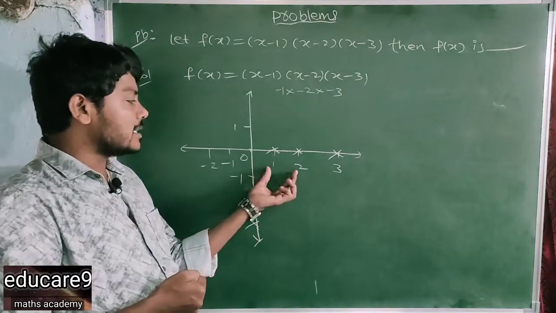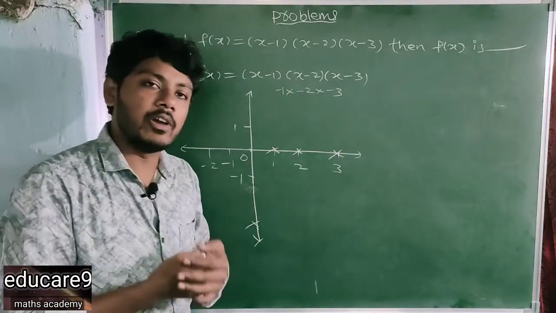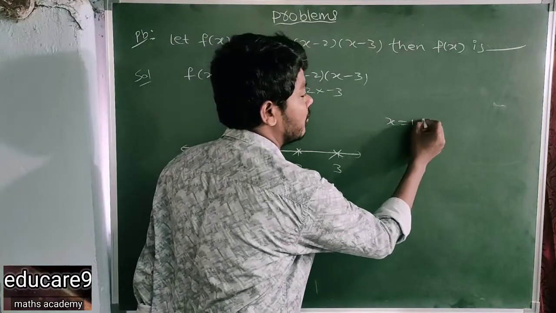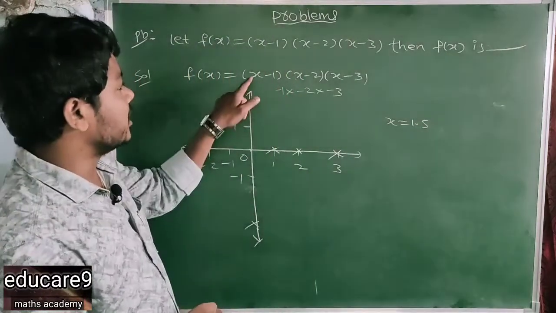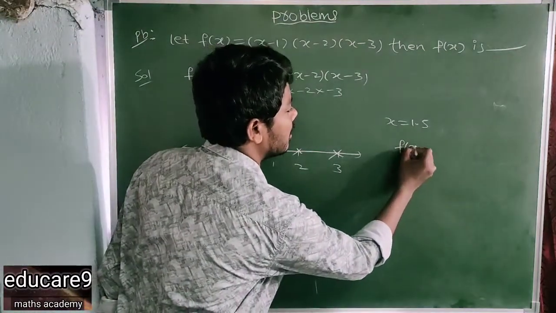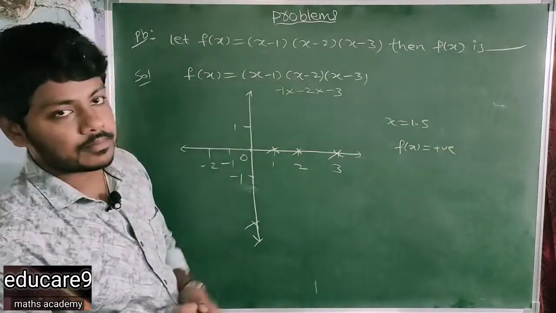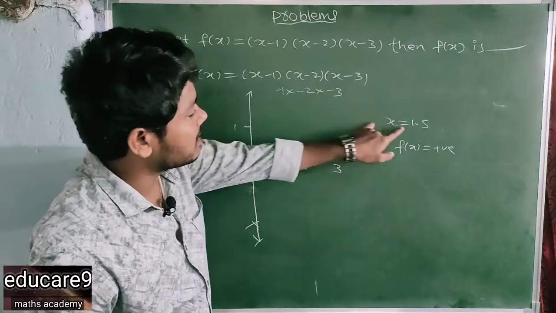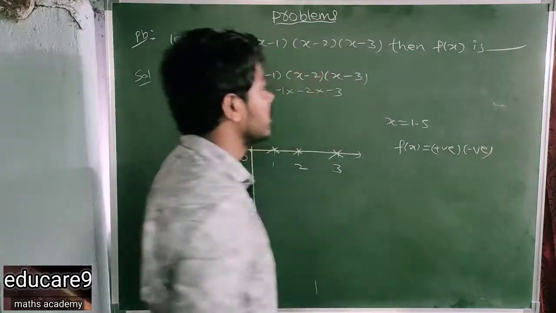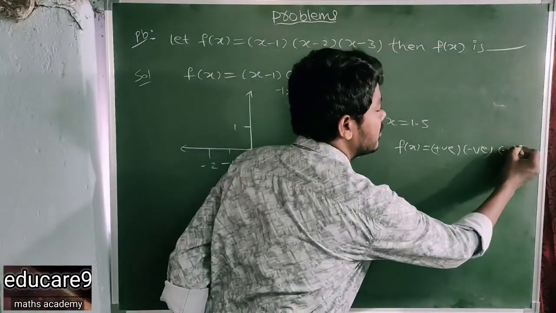Now if x lies in the interval 1 to 2, if you take any value between 1 and 2, for example x = 1.5, substitute here: 1.5 - 1 gives a positive sign, x - 2, that is 1.5 - 2, gives a negative sign, and again 1.5 - 3 gives a negative sign.